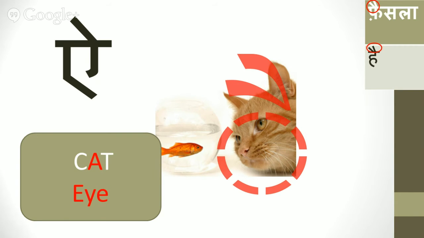Why? Because the cat is eyeing the goldfish to eat it. So where the cat's face is, that's where the consonant goes. The cat's ears come above the top line of Hindi. And the cat is eyeing a goldfish. So this is pronounced either a, which is the a in cat, with the mouth half closed, or I. It can be pronounced either way.